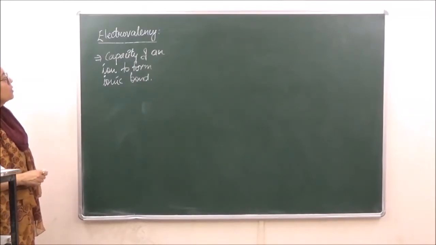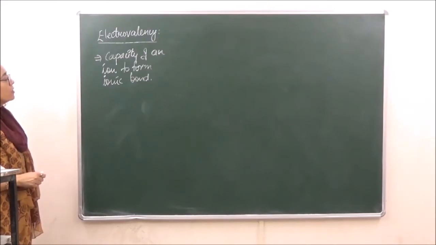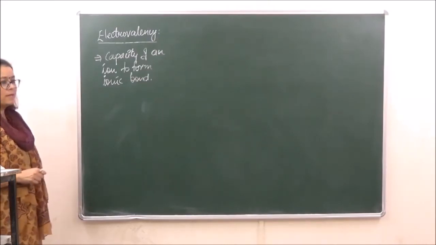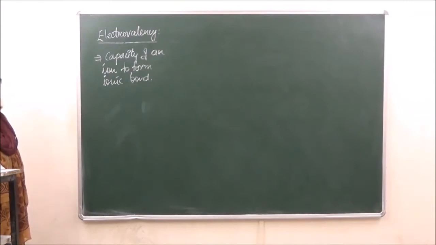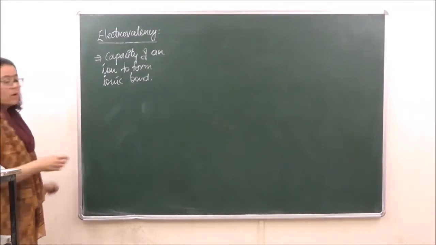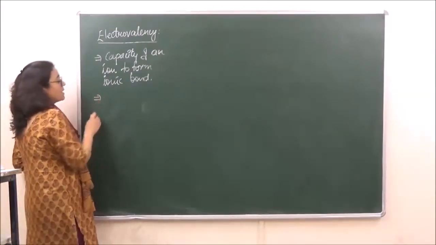Now when the ionic bond is formed, we have already said that there are two types of ions present, the cations and the anions. Now how do we measure this capacity?